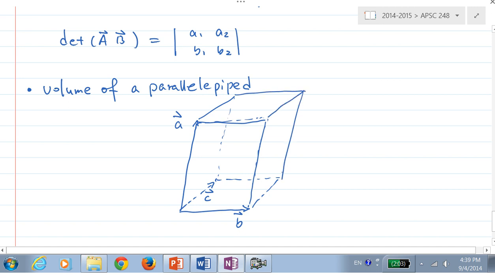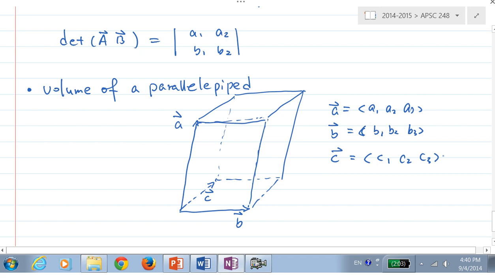So that's the parallelepiped, and we're looking for its volume. Let's just say A is A1, A2, A3, and B is B1, B2, B3, and C is C1, C2, C3.